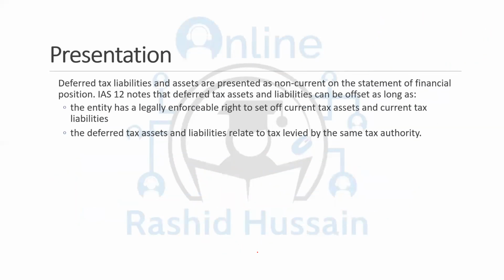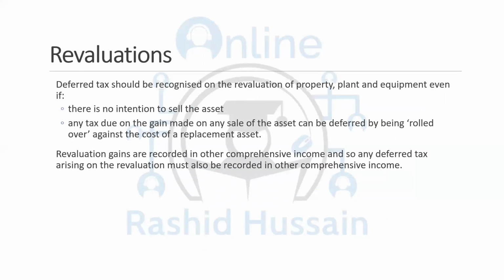And then this is the presentation: whether we are having a deferred tax asset or liability, this should be recorded within the statement of financial position as a non-current asset or a non-current liability. And then we have the current tax provision that is recorded as the current liability. But the deferred tax should be recorded as a non-current asset or non-current liability.